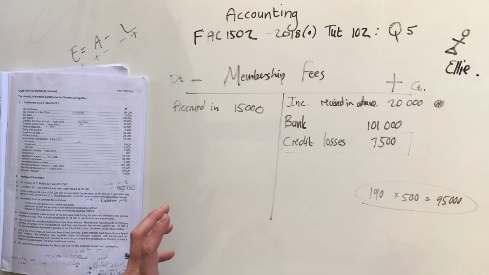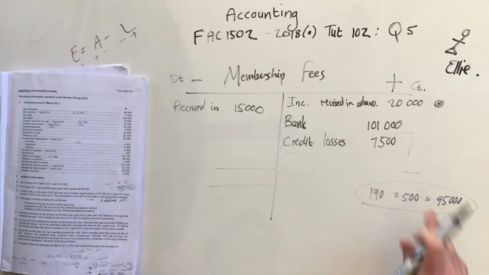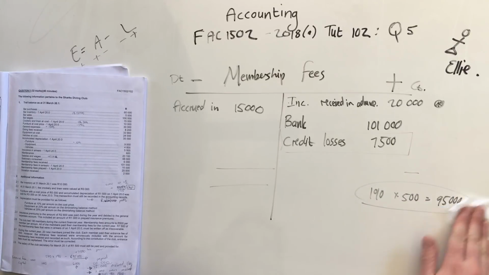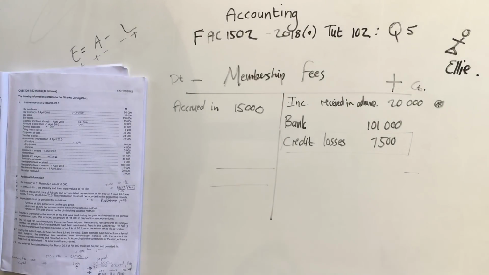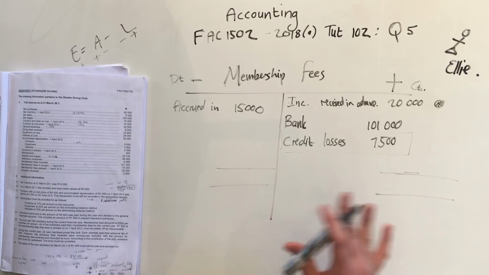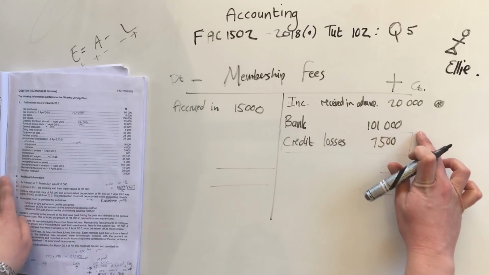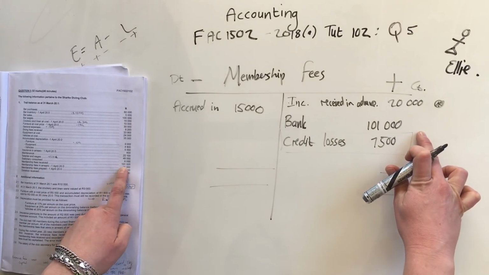In a T account, we're going to have a total here at the bottom, which will be the same, and a total over here. There's a lot of detail, but we don't really need all the detail, so let me keep it easy. Just memorize that when there's membership fees, the bank amount comes from what they give you as received.